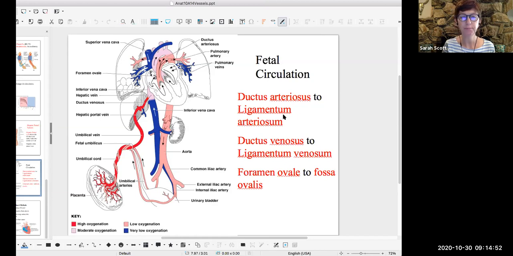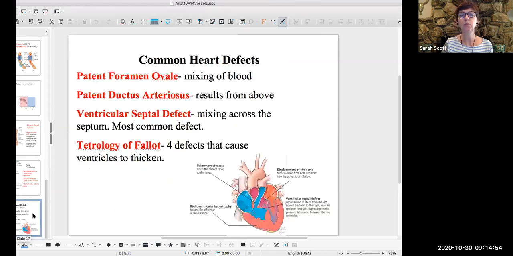All right. So this is where we get these heart defects that I included. These heart defects have to do largely with either congenital errors or errors of the fetal circulatory system that allow oxygenated and deoxygenated blood to mix.